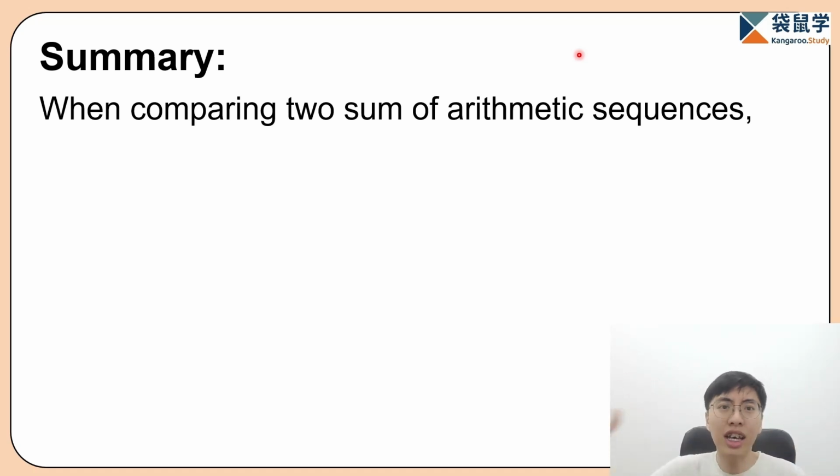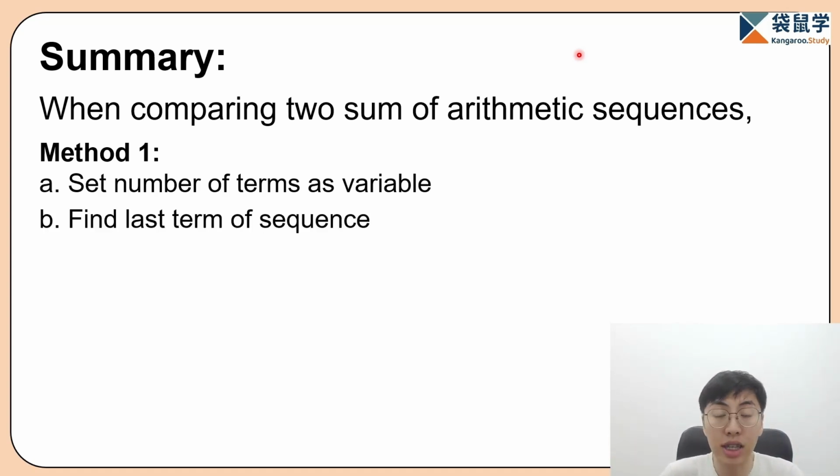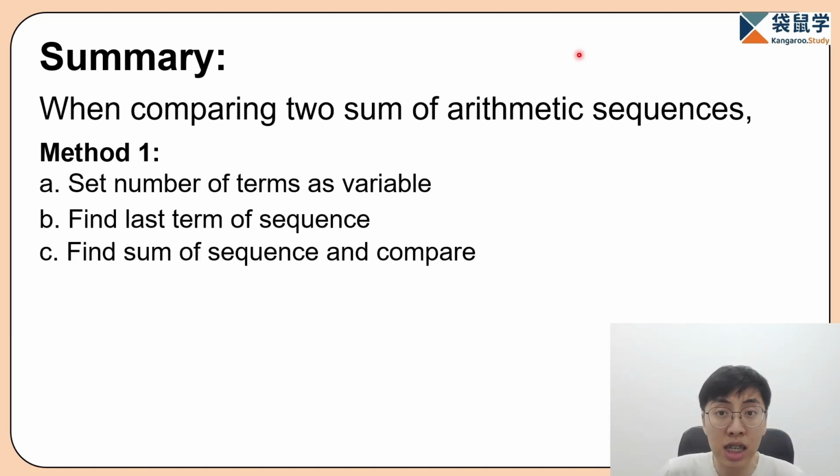The first method is that we let the number of terms be a variable. Just now we set it as x. And once we set that variable, what else do we do? We find the last term of that sequence. And then with the last term of the sequence, I'm able to find the sum and compare between those parts.